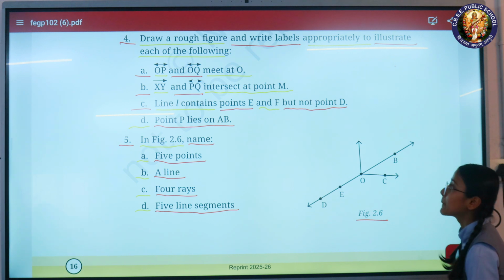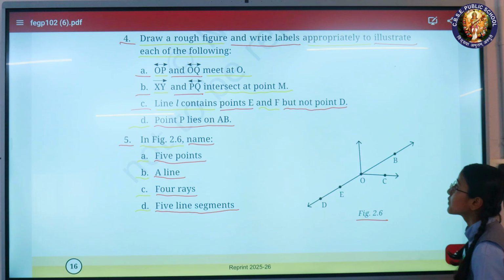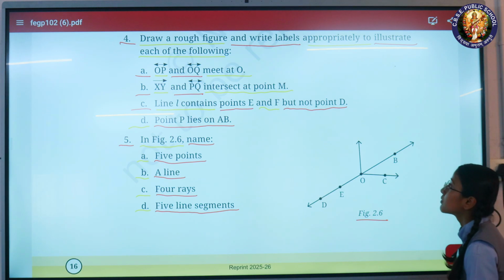A. Line OP and line OQ meet at O. B. Ray XY and line PQ intersect at point M. C. Line L contains points E and F but not point D. D. Point P lies on AB.